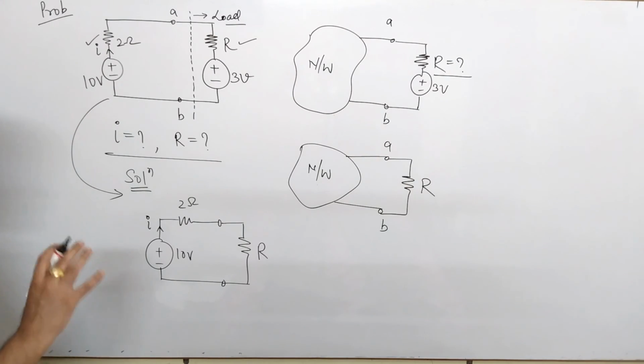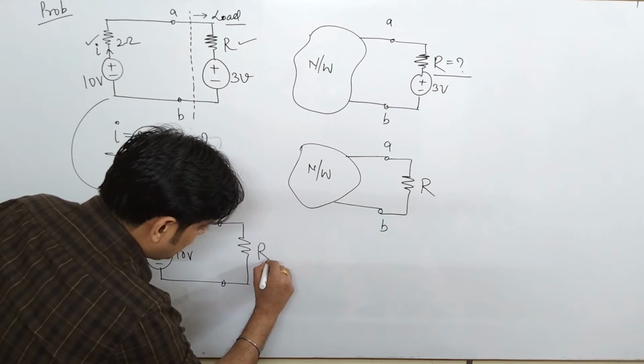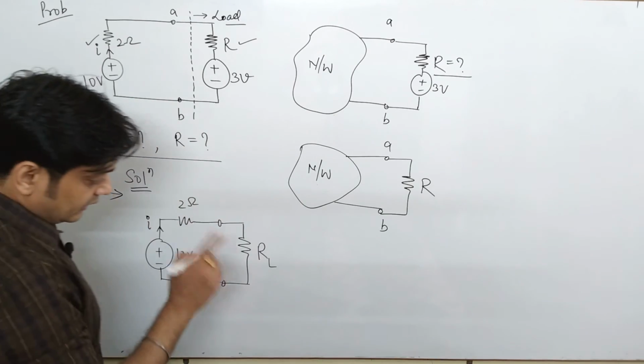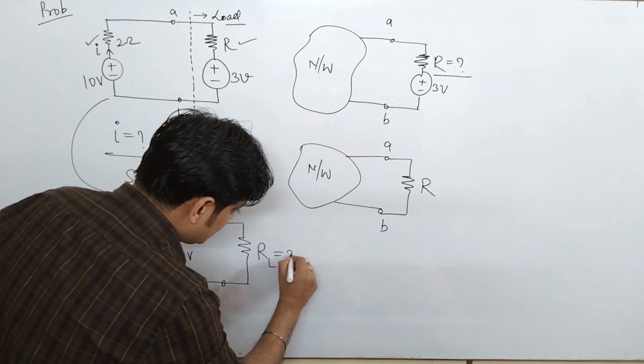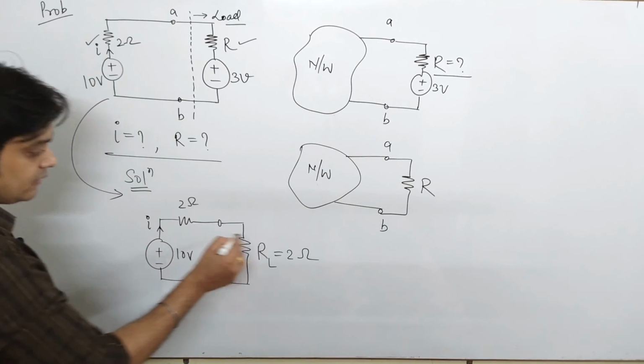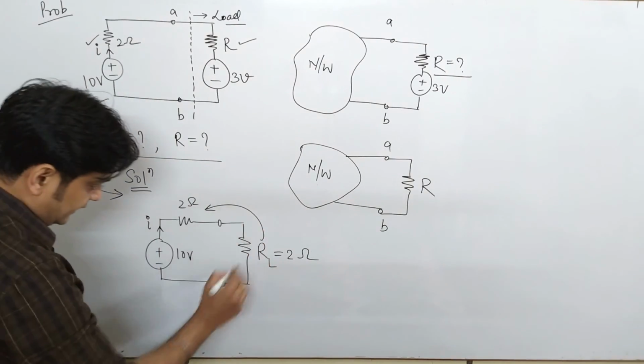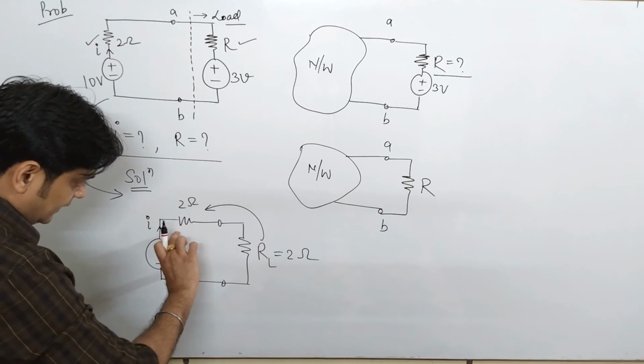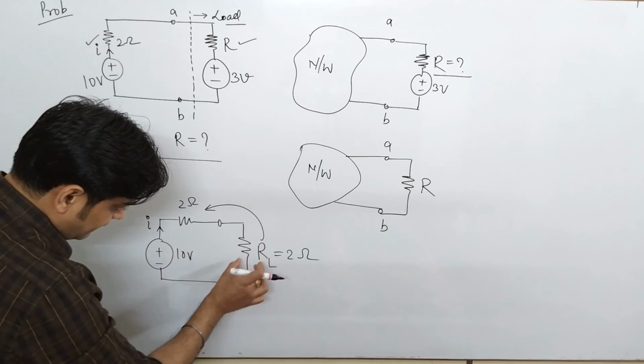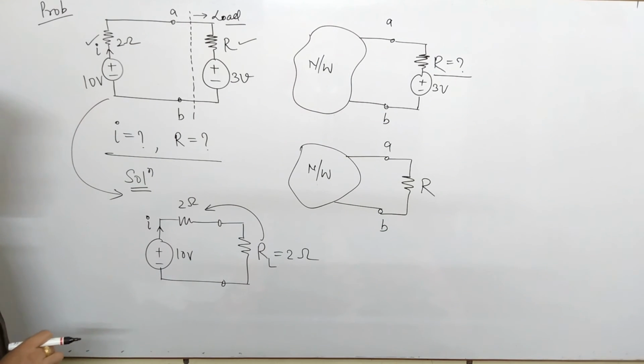Under that condition I am calling that resistance the load, that is our RL. So if RL is 2 ohm, which we have already seen, RL is equal to RTH, under that condition this entire network will deliver maximum power to the load.